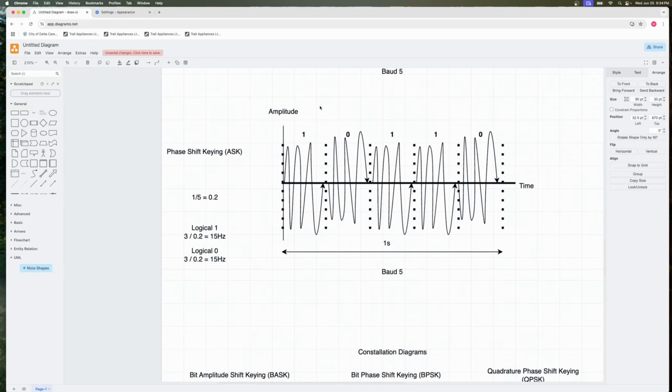And then there is phase shift keying, PSK. We have the same thing, time and then amplitude. We have the ones and zeros again, the same pattern, but what's different is that we're taking the same cycle pattern and just flipping it.